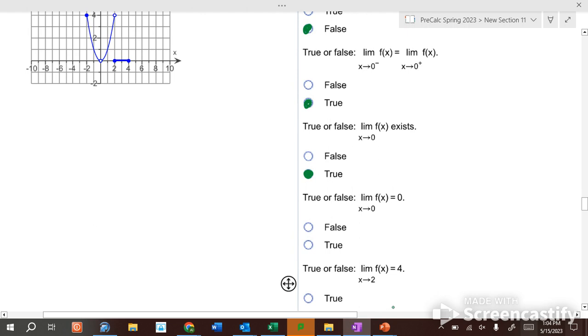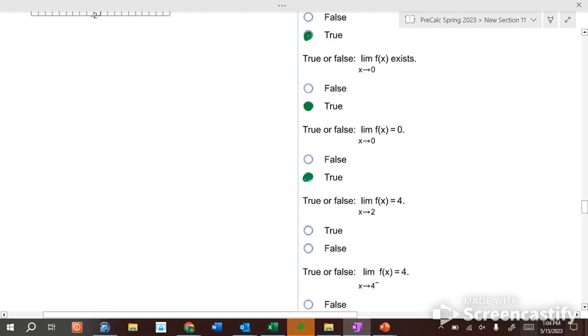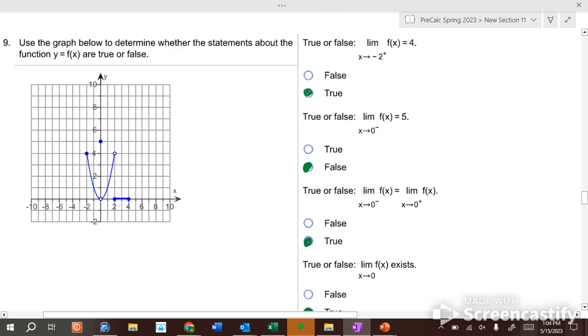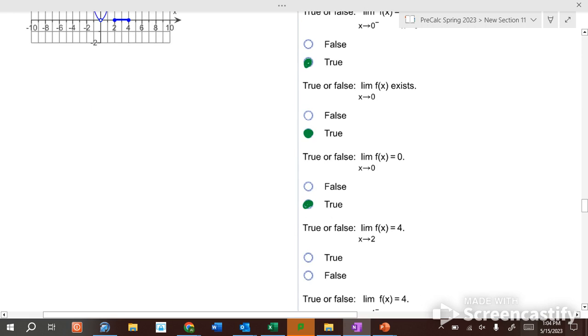Is the limit as f of x equals 0, 0? Yes. Is the limit as x approaches 2, 4? No, because approaching 2 from the left, it's 4, and from the right, it's 0. Since they approach two different limits, it is false. It is not 4.